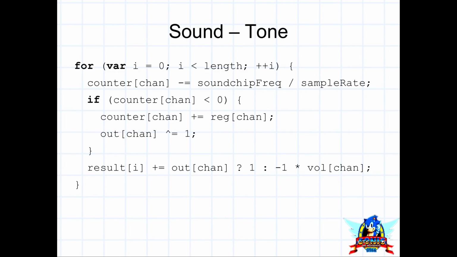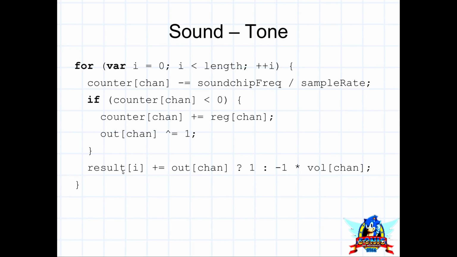And then every time that counter goes below 0, we add on the original value to put it back up to start counting down again, and we toggle whether we're outputting a 1 or a 0. That gives us a square wave with a period of this frequency that was selected.